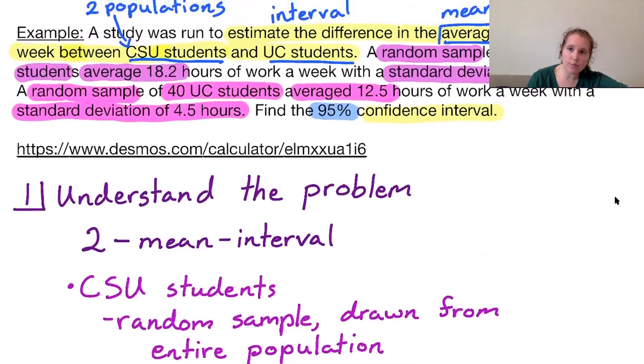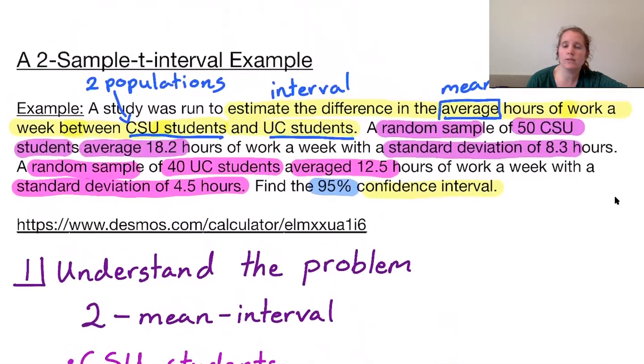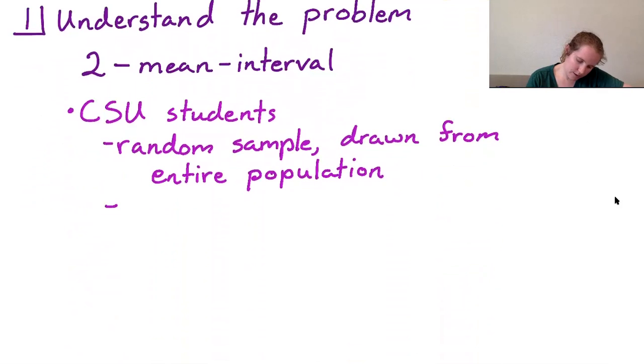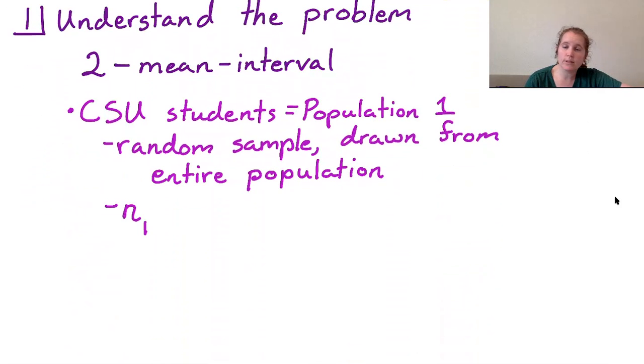So I'm just going to scroll up briefly so my picture is not blocking this. So the random sample of CSU students was 50 CSU students. So that's n equals 50. Average of 18.2. So that's x bar is 18.2. Standard deviation of 8.3. So that'll be S. That's our sample standard deviation. I'm going to take CSU students to be population 1. So we'll label n1, sample size of population 1 or CSU students is 50.